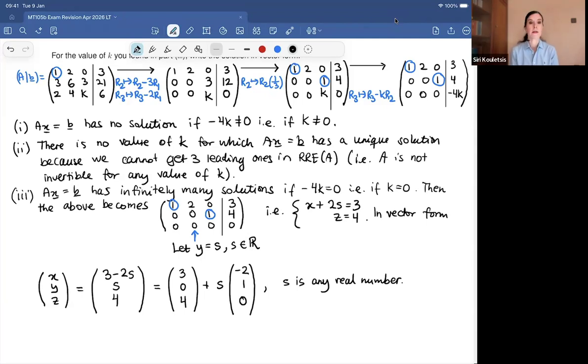And so this is our final answer to part 3. That's the solution in vector form when k equals 0.